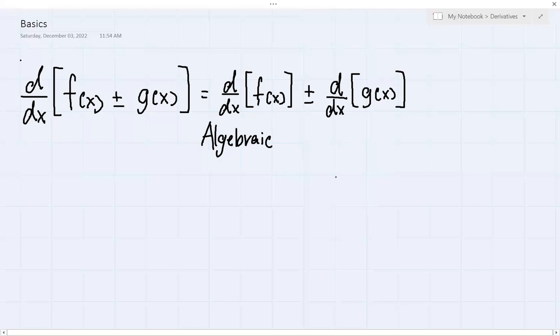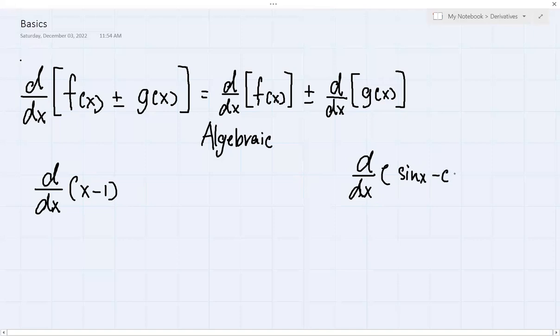Kasi ito, bigyan kita ng examples, okay? Kasi dito, kapag algebraic, kunwari meron tayong x minus 1, kunwari lang. Okay? Tapos, pwede rin tayong magkaroon ng trigonometric expression. Kunwari, sin x minus cosine x. Pwede rin tayong magkaroon ng exponential functions tulad ng e raised to x plus e raised to 4x.